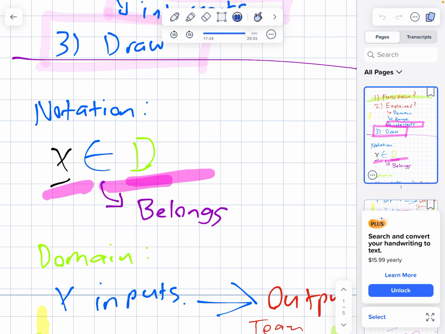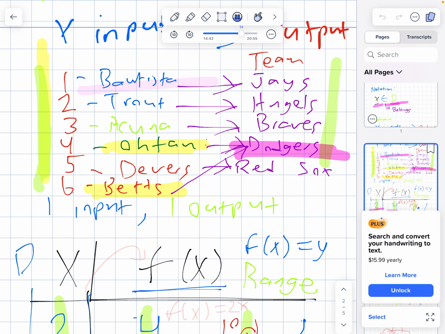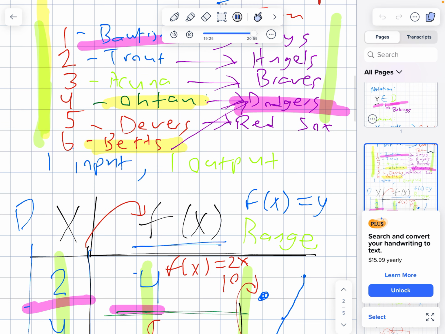Domain is also a fancy way of saying these numbers, because a list, what we're really doing is aligning the inputs to f of x. Here's f of x, or outputs f of x.